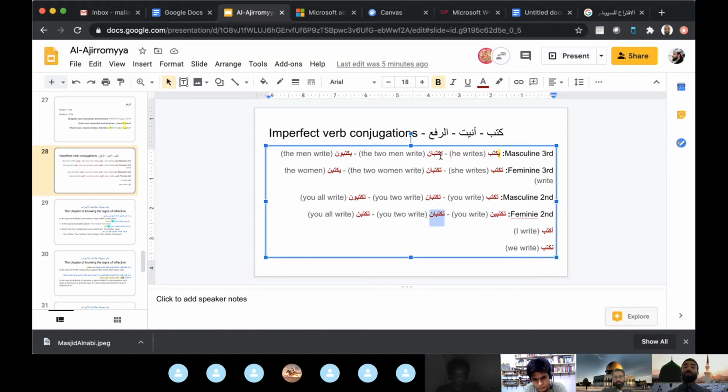Now you may ask yourself, we counted 1, 2, 3, 4, 5, 6, 7. We counted 7 verbs. Why do we call them the 5 verbs? It's a trick question. Does anyone know the answer?